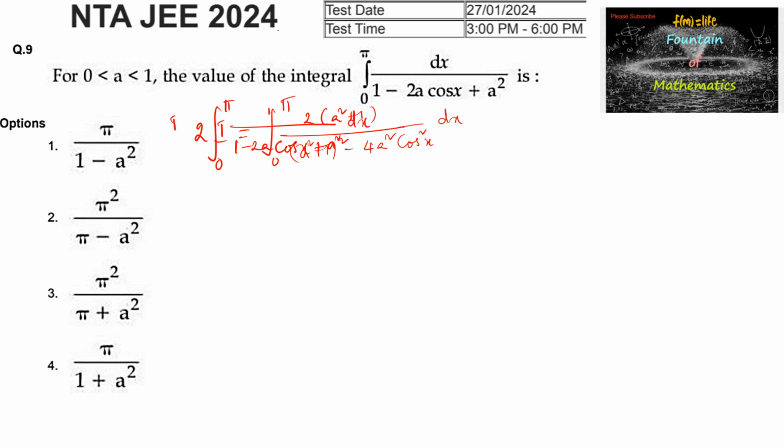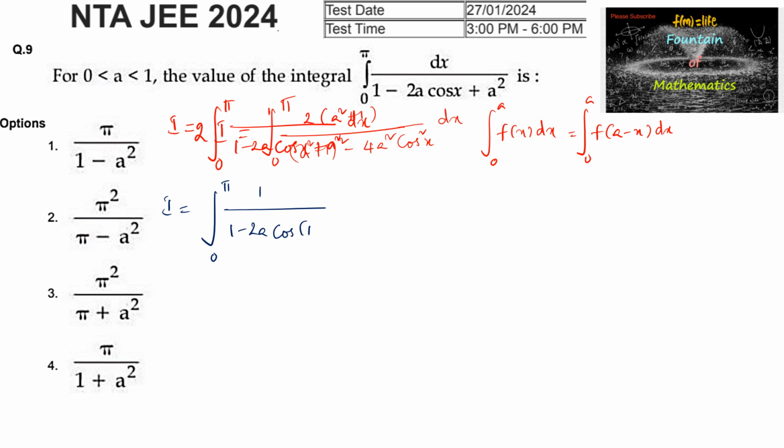So let us consider this is I, and by using the property integral 0 to a f of x dx is equal to integral 0 to a f of (a - x) dx, we can write here I is equal to integral 0 to pi 1 upon 1 - 2a cos of (pi - x) + a square dx, which is equal to integral 0 to pi 1 upon 1 + 2a cos x + a square dx, because cos (pi - theta) is -cos x.